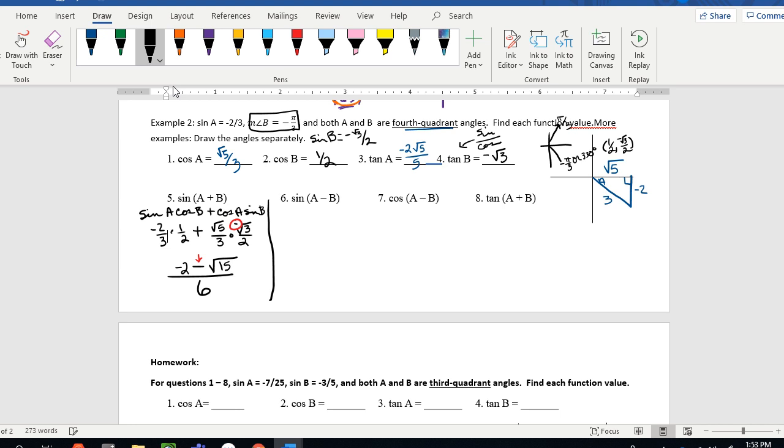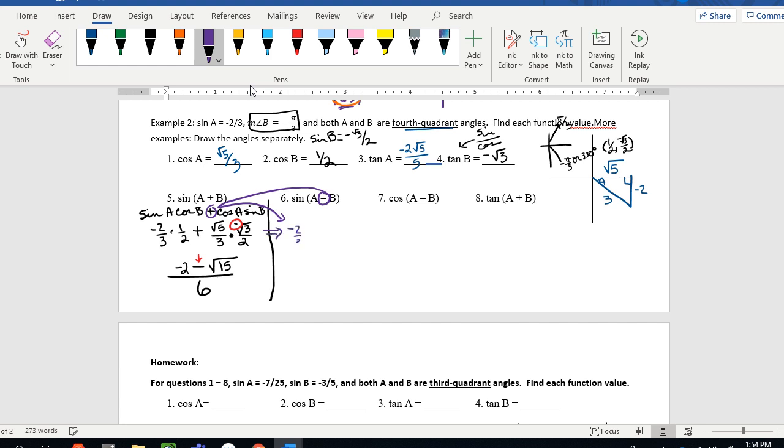Now, I pointed this out to my class today as I taught this. When I have sine of A plus B, sine of A minus B, the only thing that changed in this problem is this negative, meaning that right there would go to a negative. So I'm going to shortcut this, and I'm going to take all of this information that I had over here and write it here.